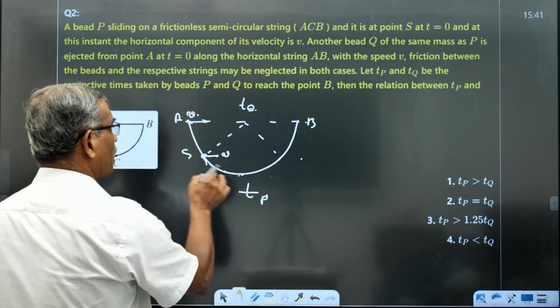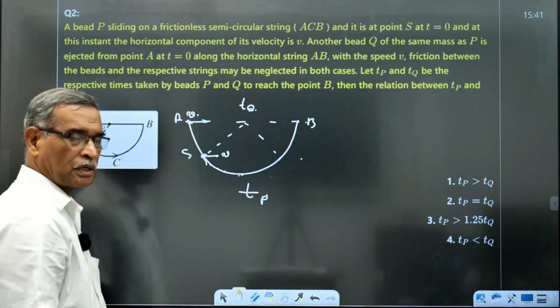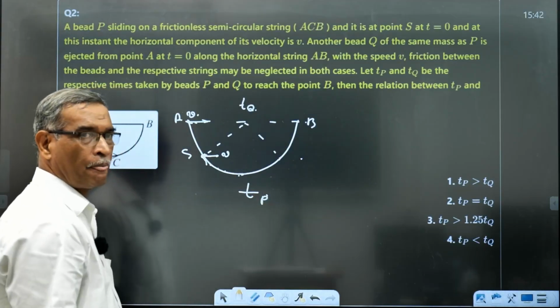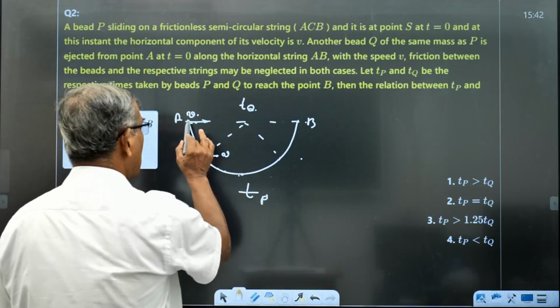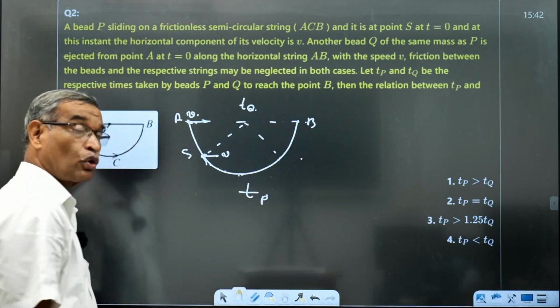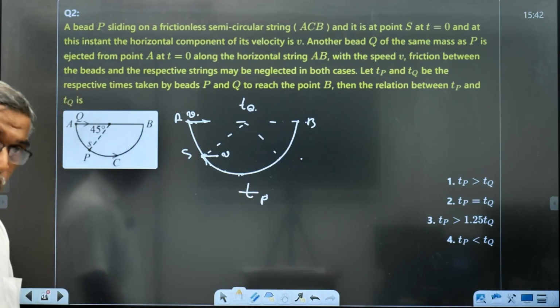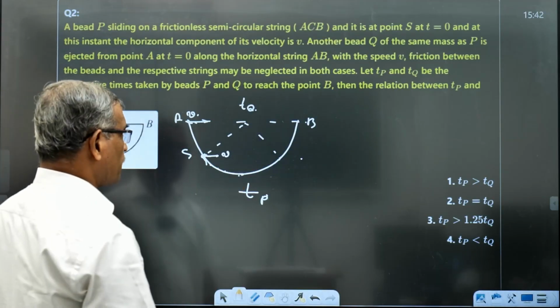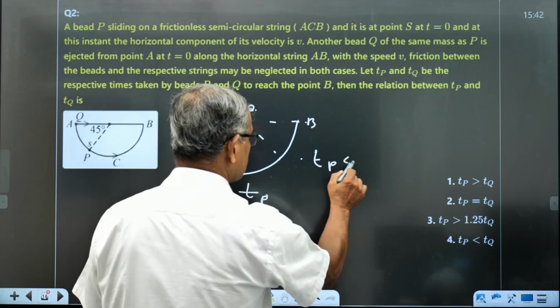Here, the average speed is much larger than v. Here throughout it is v. And therefore, the time taken to cover this distance with an average horizontal speed larger than v is less. Therefore, Tp will be less than Tq.